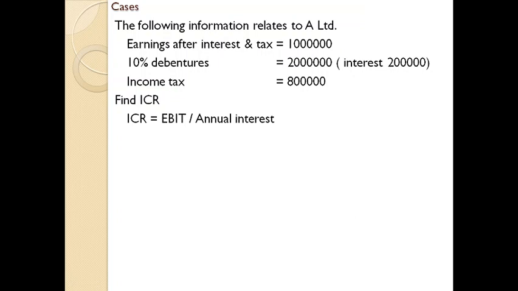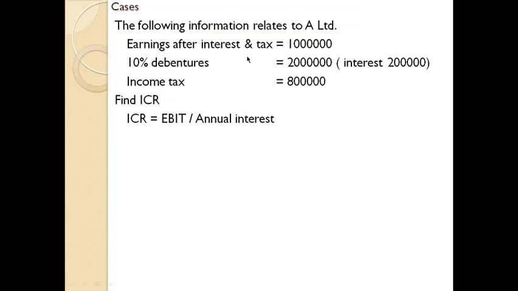So you need to reverse that statement, because the result of that income statement is earnings after interest and tax. If you want to retrieve an item in between, you need to reverse all the items which were dealt with in arriving at earnings after interest and tax.